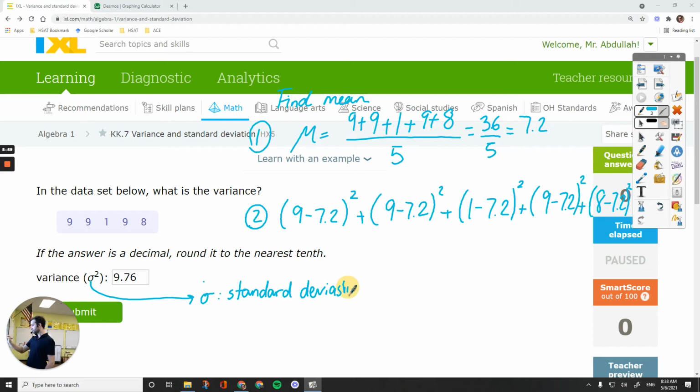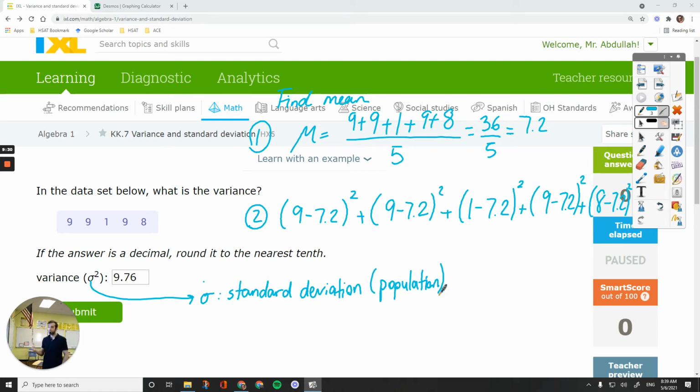Standard deviation for population. I'll explain what that means, because these are the terms that no matter how much the teachers explain it in class, students overlook them and then don't realize that there's a difference between them until they're focused watching a video or getting tutoring from a tutor.